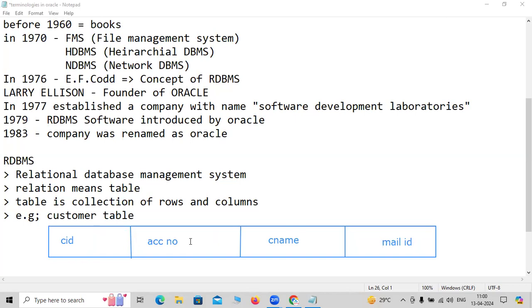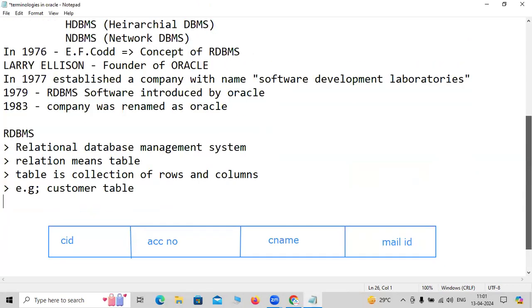So any record we are entering in the table, we need all these details like customer ID, account number, customer name, mail ID. So we will now see what is the definition of metadata. What is metadata?